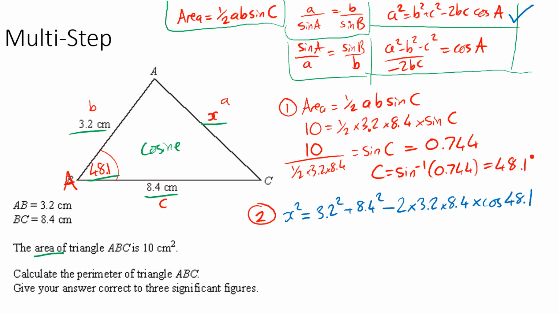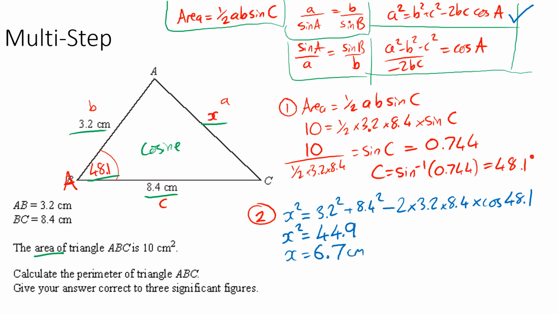We have to be confident in our previous answer, obviously. Let's type that in, and we'll get that x squared is 44.9. We can square root that, and we get overall that x is 6.7, almost exactly, centimeters.